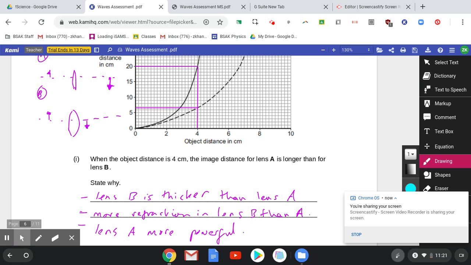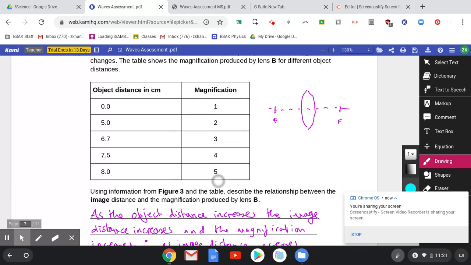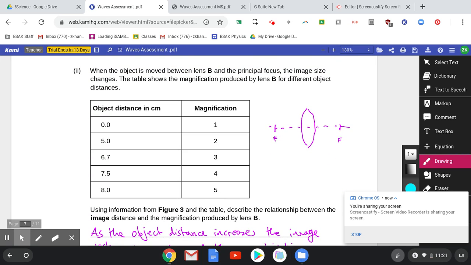So any one of these three statements below would give you a mark. The following question gives you a table where the object distance is increasing from the lens.